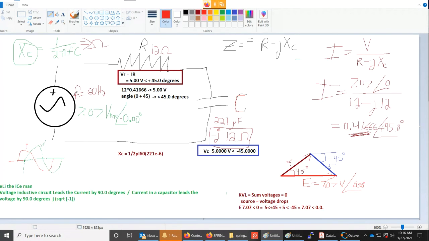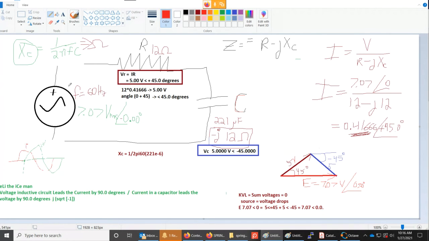So this is called a phasor diagram. We have E, which is 7.07 at an angle of 0 degrees. We have the voltage of our resistor, which is 5 volts at an angle of positive 45 degrees.